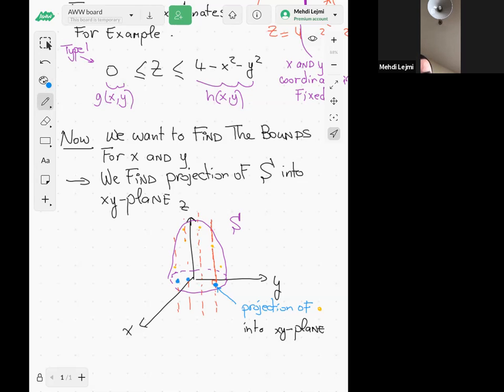If you take this yellow point, you're gonna get this projection, etc. So then the set of all the projections, that will be your projection of S into the xy plane. So if you take the set of all the projections of the points, then you're gonna get this disk, right? The interior of the circle. So this is the projection of S into the xy plane.